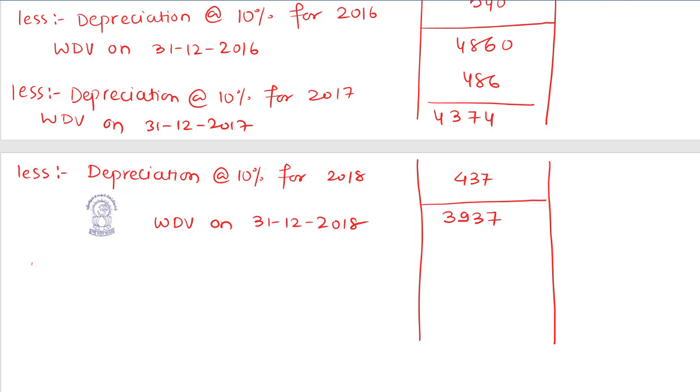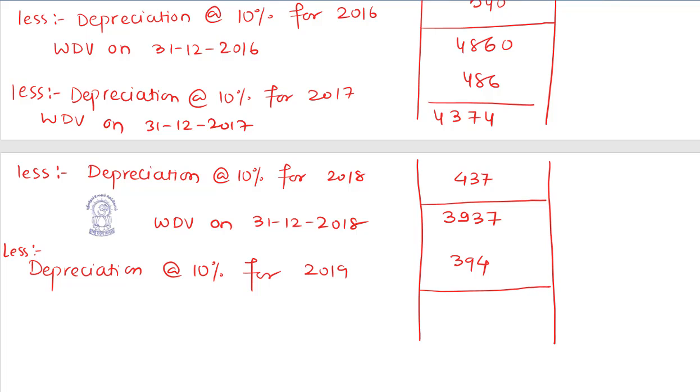Less depreciation at the rate 10% for 2019, 393.7. So 394.